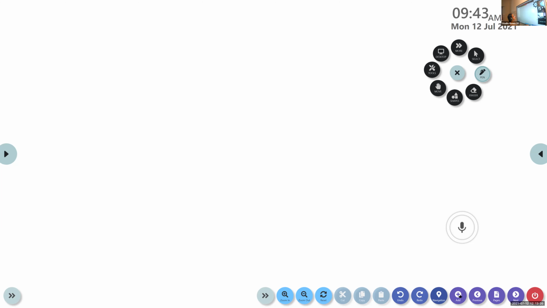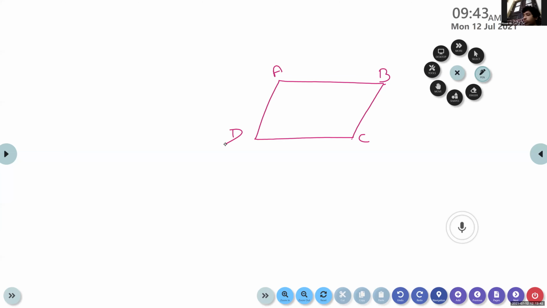Okay. So here we have parallelogram ABCD. And E is a point on side AD produced. AD is produced, which means we are producing AD.